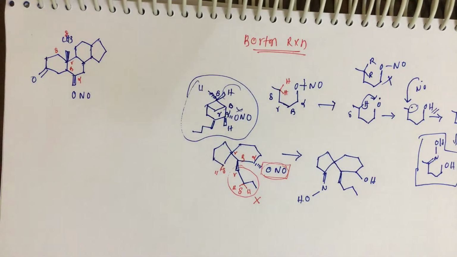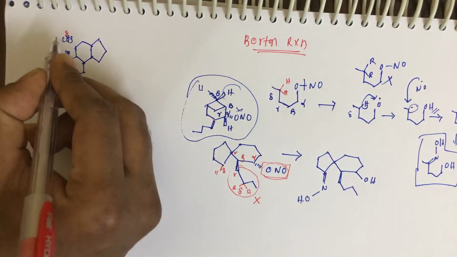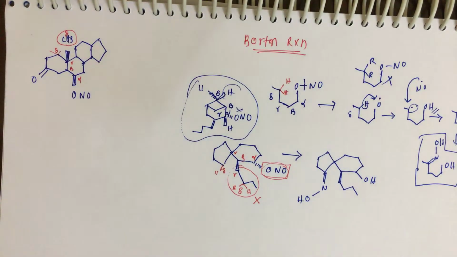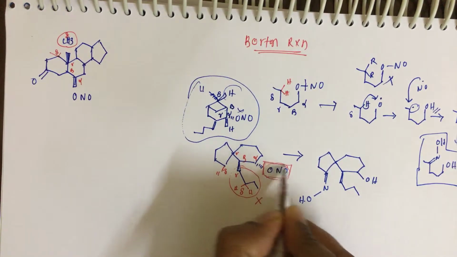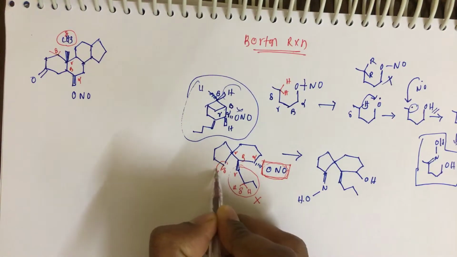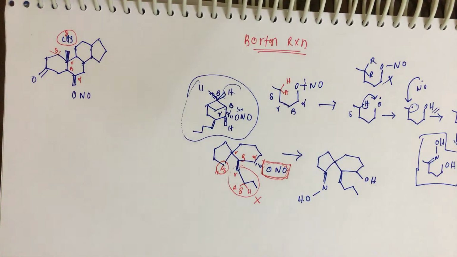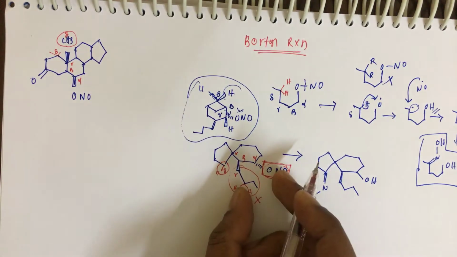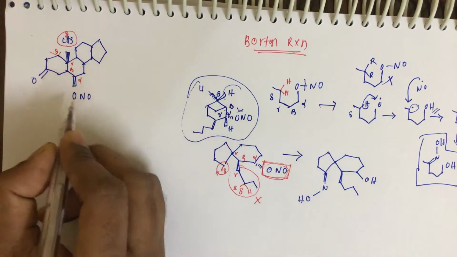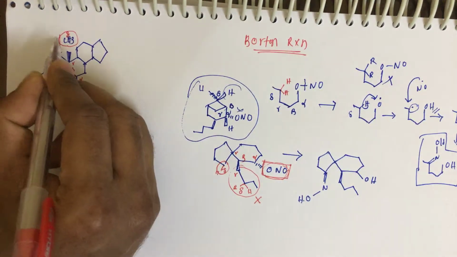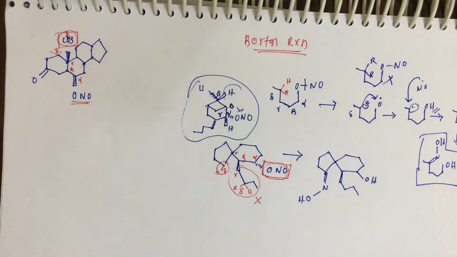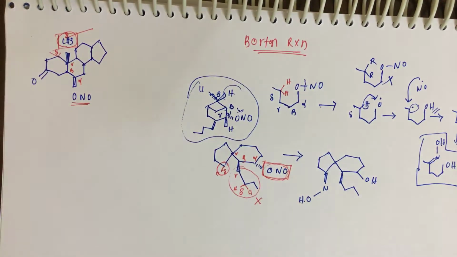So here also two hydrogens are there, and here also two hydrogens are there. So which carbon will be involved in the Barton's reaction? Just remember, in this case this is below the plane, and this is on the plane. Because these two are in opposite directions. But here this is above the plane and this methyl group is also above the plane. Because of that reason, this methyl group is involved in the reaction.